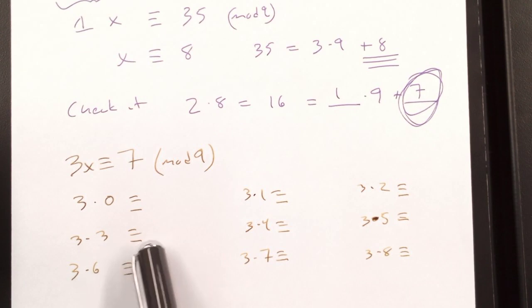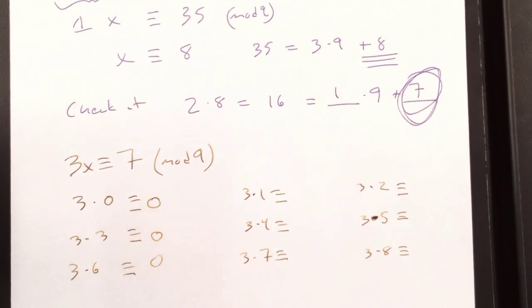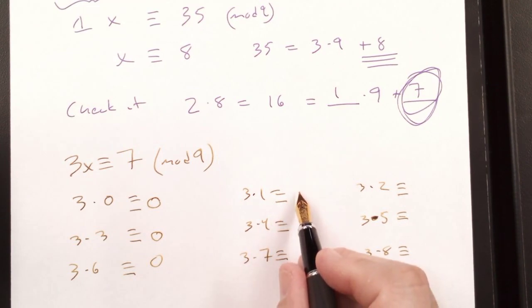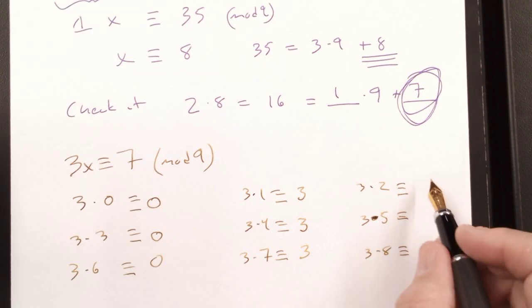Wait a minute. 3 times 6 is 18, but the remainder is 0. 3 times 1. 3 times 4. Mod 9. Remember, I'm working mod 9. 12 is one 9 with 3 left over. 3 times 7, because it's two 9s with 3 left over.